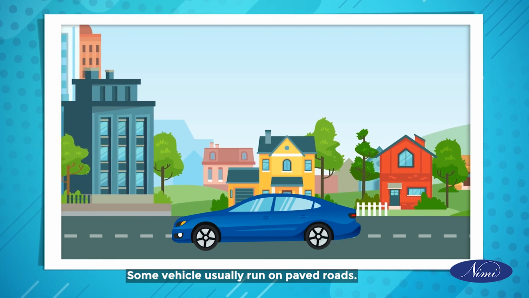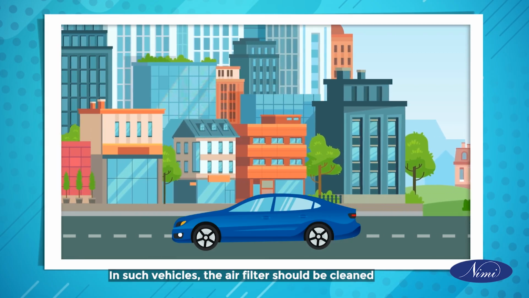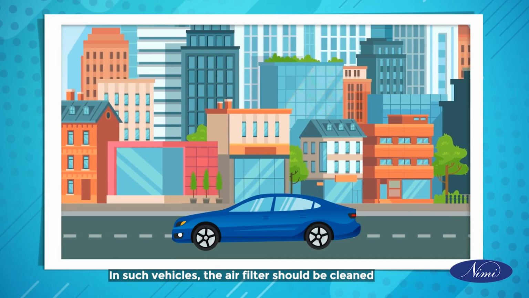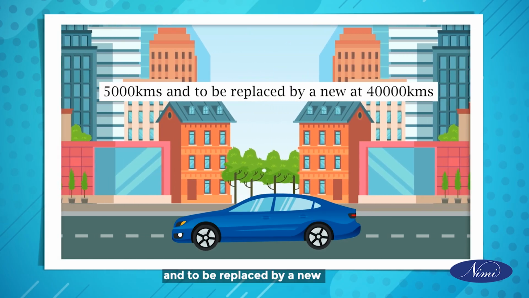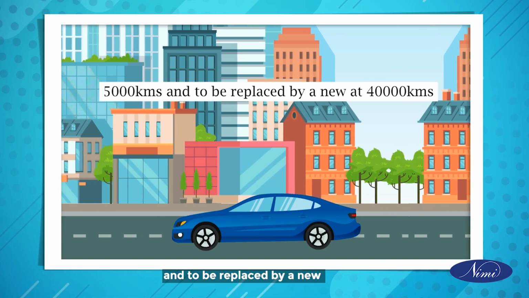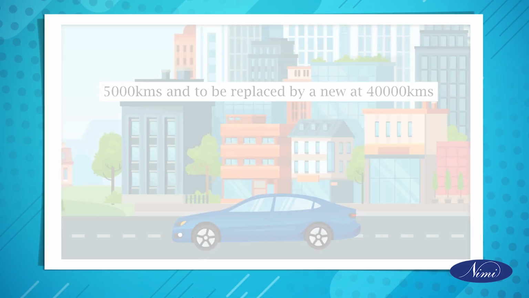Some vehicles usually run on paved roads. In such vehicles, the air filter should be cleaned every 5,000 kilometers and replaced with a new one at 40,000 kilometers.